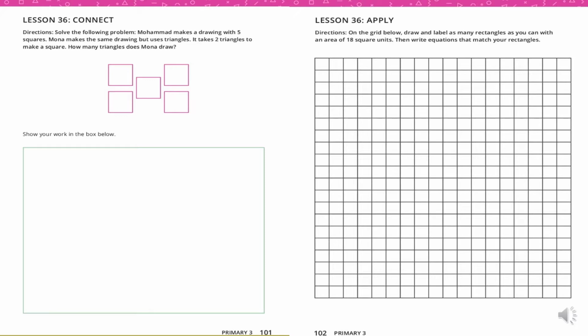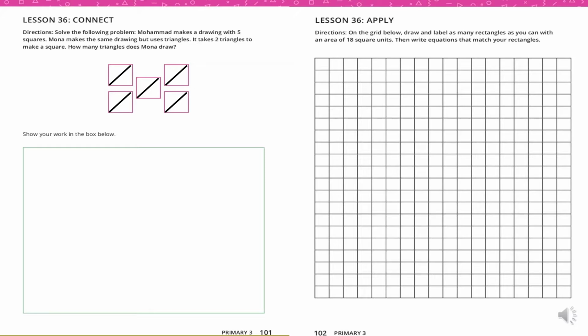So Muhammad here draws 5 squares, and Mona used 2 triangles to make each one square, and she also drew 5 squares. So she will use triangles like this. Here, each one square contains 2 triangles.